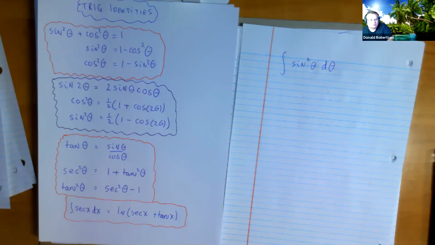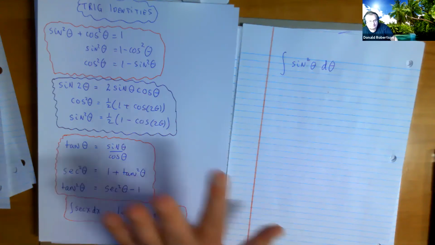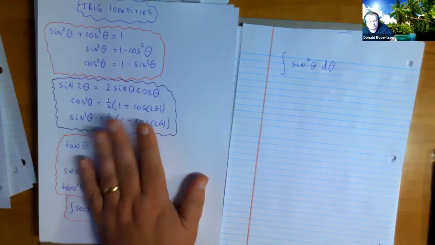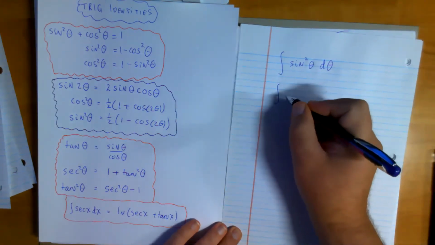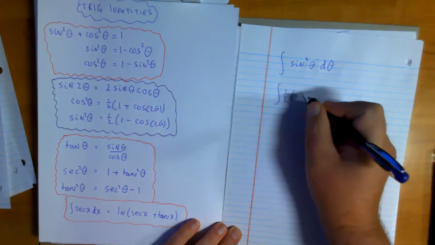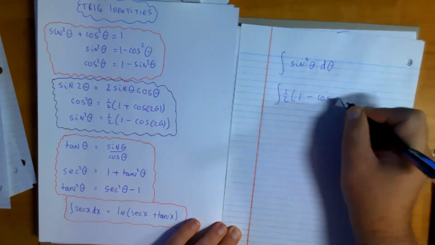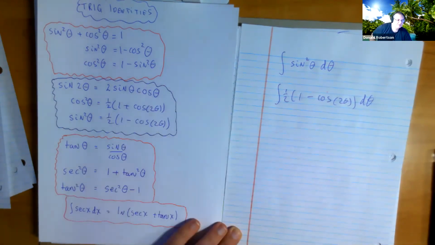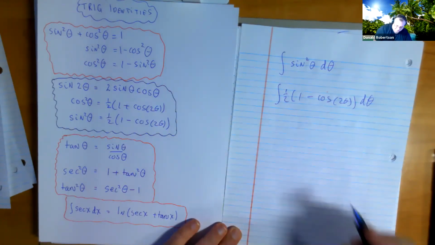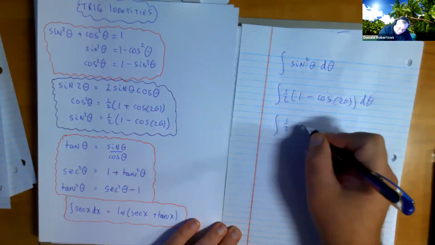Any ideas before we move on and I tell you? So we're here. Oh, would you use that one half, 1 minus cosine 2 theta? You would. So you would use this identity. See, we found a use for it. Then distribute the half.